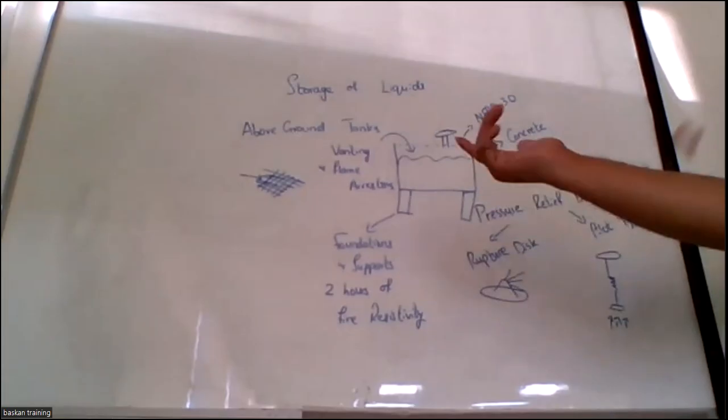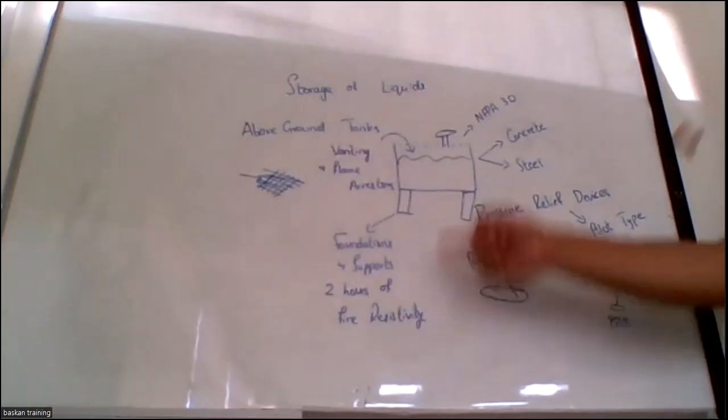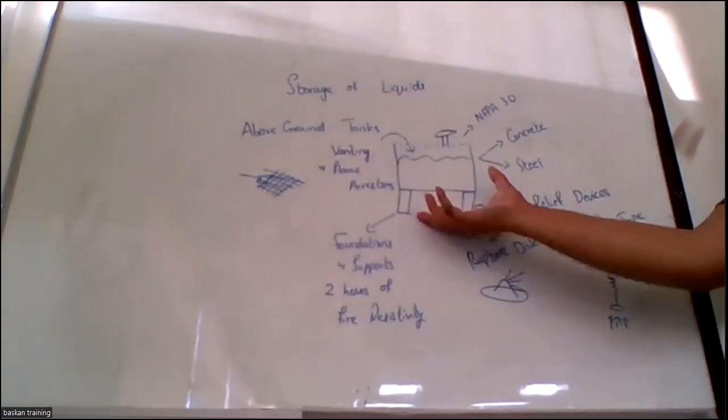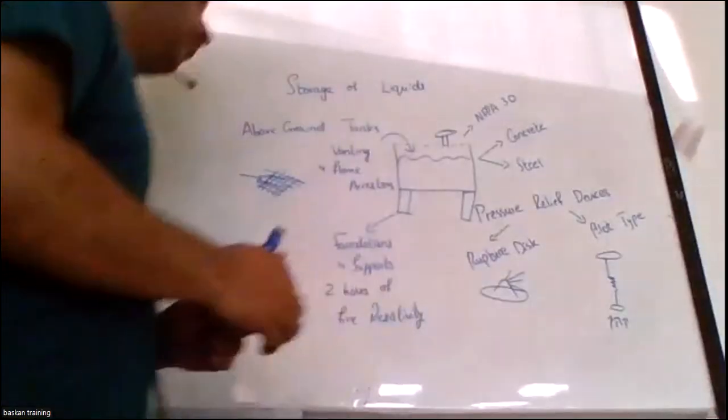Now this is an important part of facilities hazard management. When you see, that is 15% of the examination. Foundation supports should have 2 hours of fire resistivity so that in case of fire it does not collapse. Then what about a leakage?